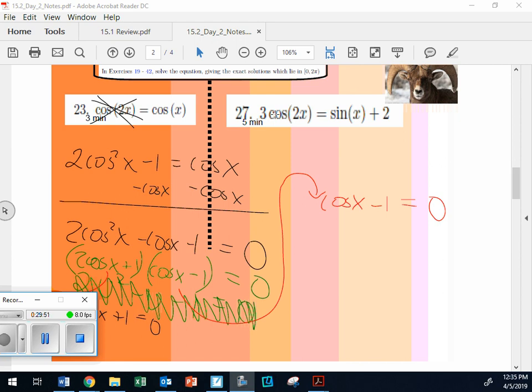I did a substitution, but this time I used cosine. Why do you think I used cosine? Because there was already a cosine in the problem, and that made it match. Now there's all cosines. And the same exact kind of thing happens, except they're all cosines instead of being all sines.